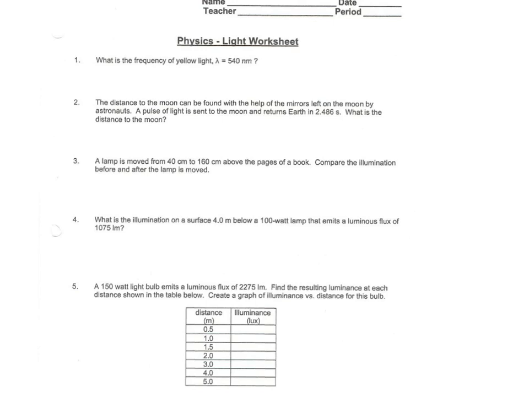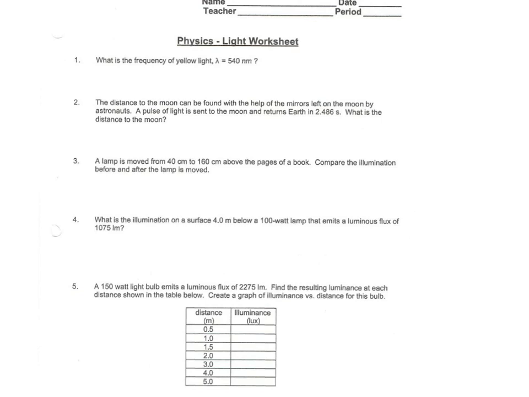So 2.486 seconds divided by 2, that's going to give us the time it took to go from the earth to just the moon. And so to find this, we'll take that time for that one-way trip times the speed of light, and then you will have the distance from the earth to the moon.